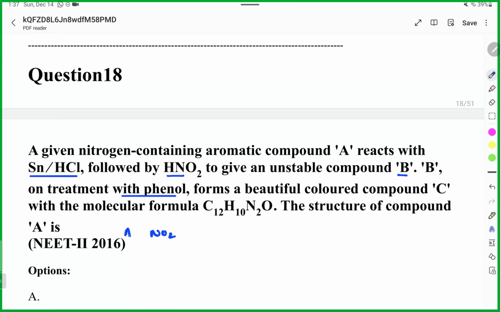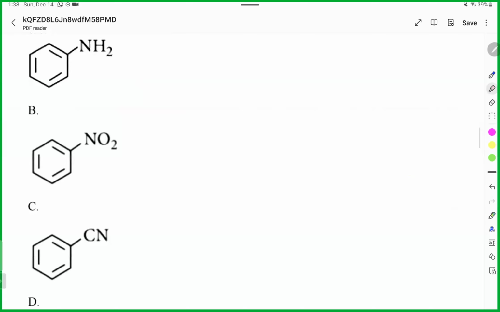NO2 reacts with Sn/HCl to give NH2, then HNO2 gives the diazonium salt, and then it reacts with phenol. So with phenol, it will form para-hydroxyazobenzene. Correct. Got it? Done. See, that is the difference in NEET. They ask direct, easy questions. So the answer will be B.